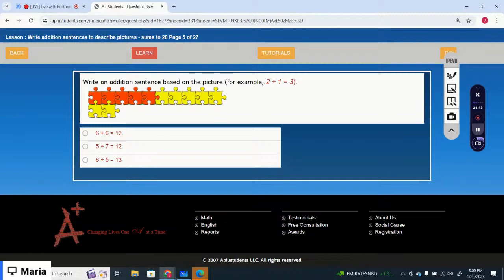So the correct option is that is 5 plus 7 equals 12. Option number 2 is the correct option.